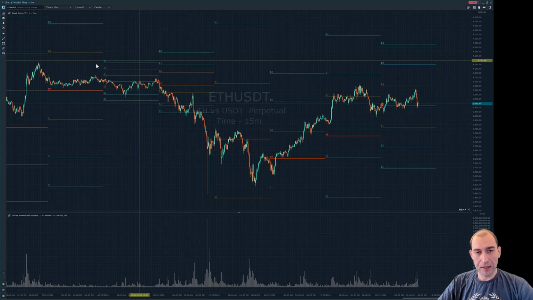Okay, so this indicator helps to see the trend. As we can see here, it was pretty much flat. Then there was a big volatility, and we see the spread between the support and resistance much higher.